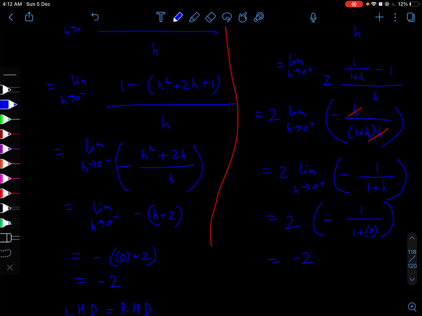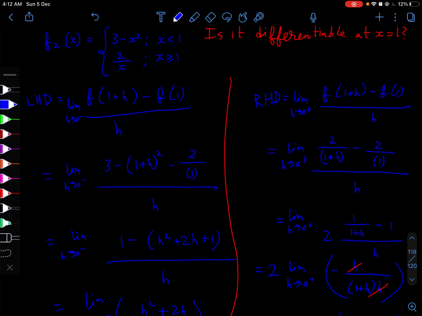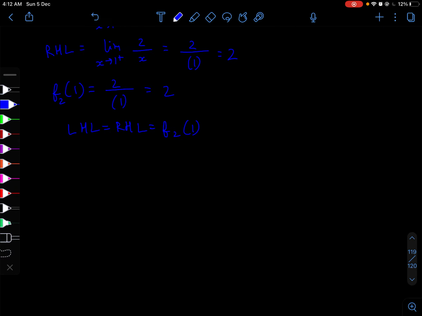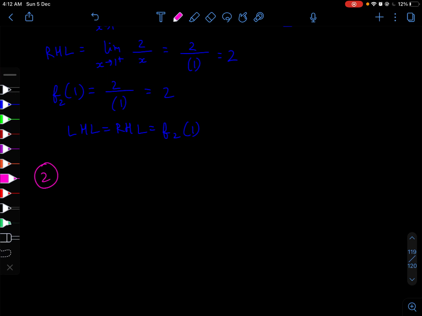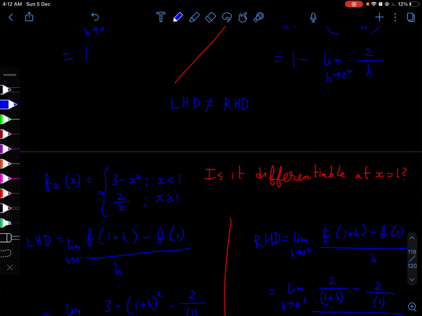Now we can differentiate it and check what we get from the left and the right, and if those are equal, then it's differentiable. So this was step 1. Now for step 2, because it's continuous, we can proceed with the second step.